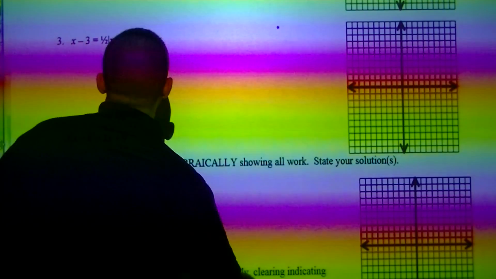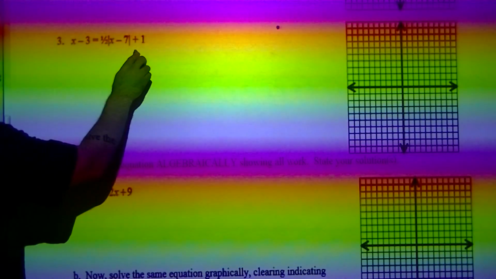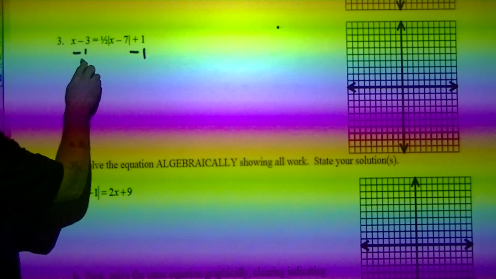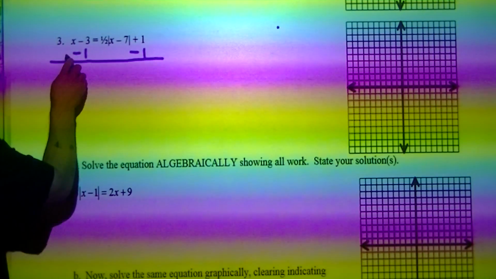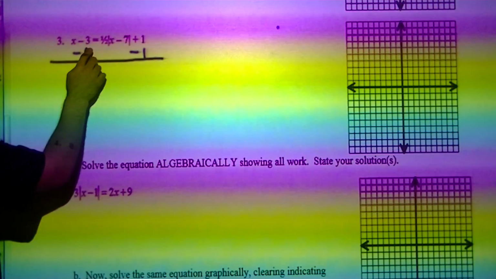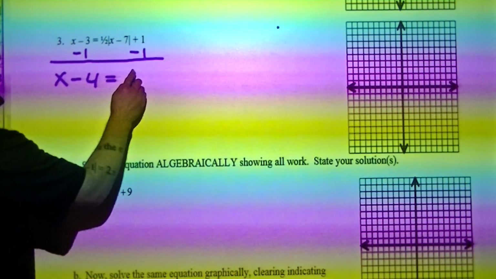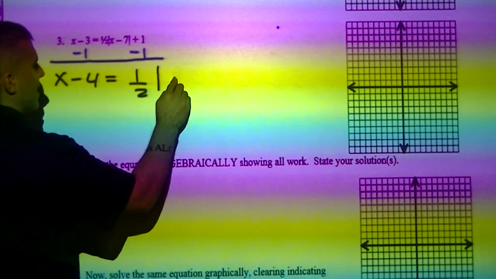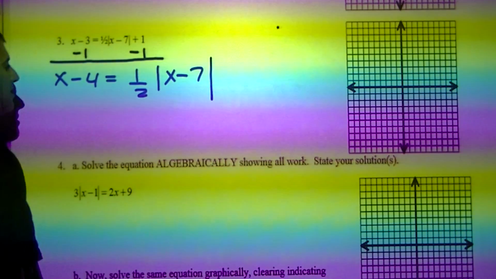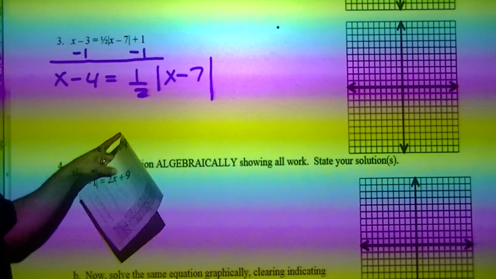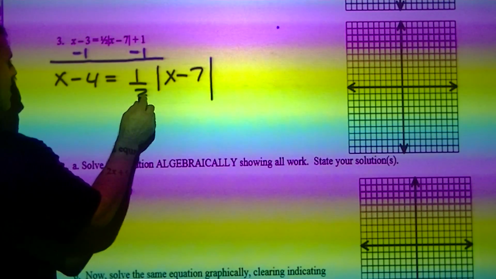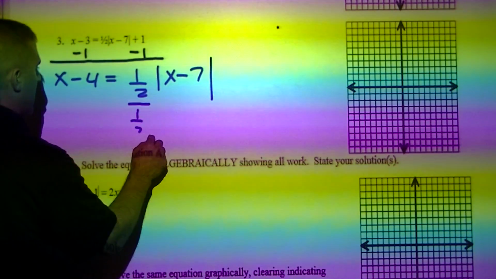So what I want to do is get the 1/2 away, and the 1. I'm going to subtract 1 here. Now, I can only subtract to that 3 because they're like terms. So I get x minus 4 equals 1/2 times the absolute value of x minus 7. Now, to get rid of the 1/2, I can divide both of these by 1/2.